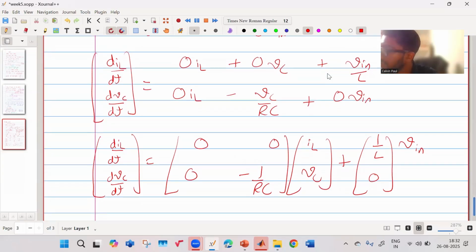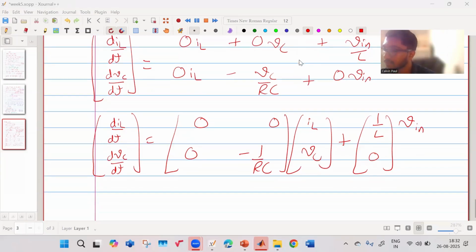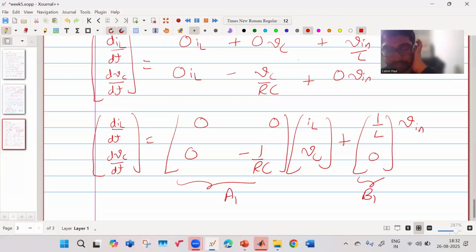Okay. This is your state space representation of your first circuit. So this is your A1, this is your B1. This is your X dot, this is your X, and this is your U. Okay. Any queries in this? Or you want me to repeat this?